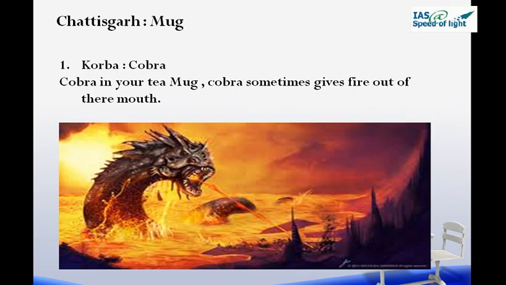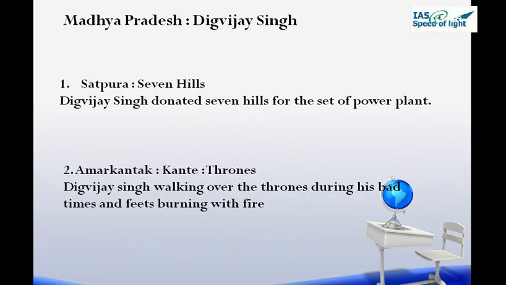Like you can see in this picture, this cobra is giving fire from its mouth. So Korba becomes cobra, and you find one cobra one day in your tea mug, and that cobra also gives fire from the mouth. So Korba, first thermal power plant of Chhattisgarh.